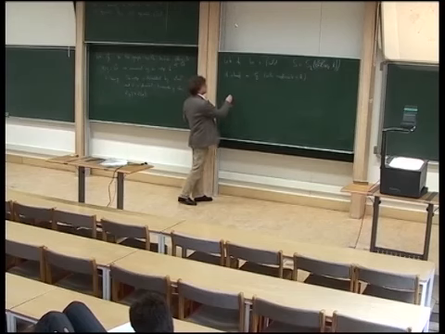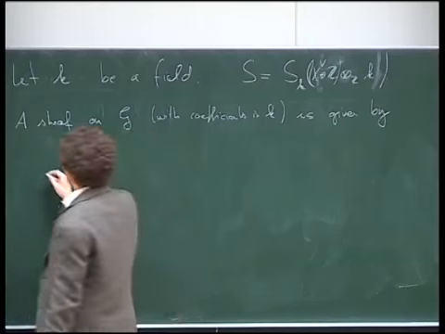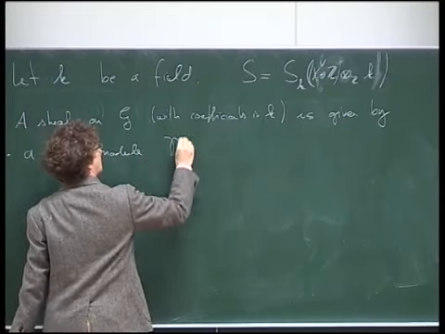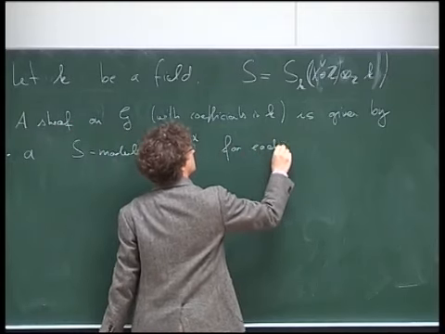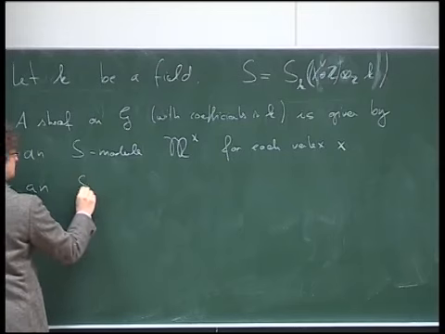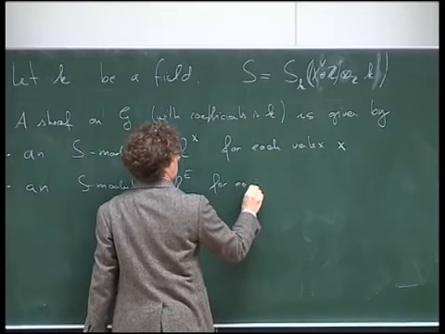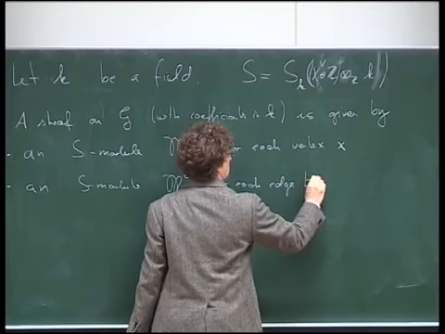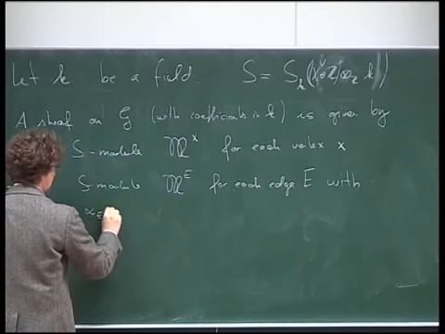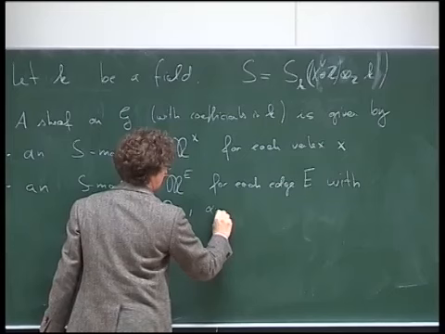So a sheaf on G with coefficients in K is given by the following data: by an S module M_x for each vertex, an S module M_E for each edge E that is annihilated by the label, so alpha_E times M_E should be 0, where alpha_E is the label.